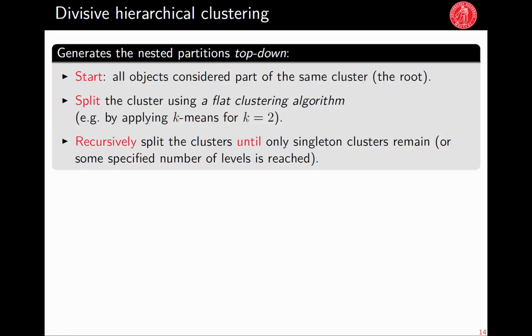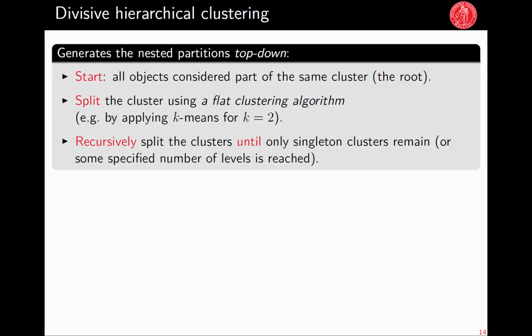And the way that the split in each step is performed is typically by applying a flat clustering algorithm. So we could, for example, apply k-means here with k equals 2, the flat clustering method we talked about in the previous lecture.